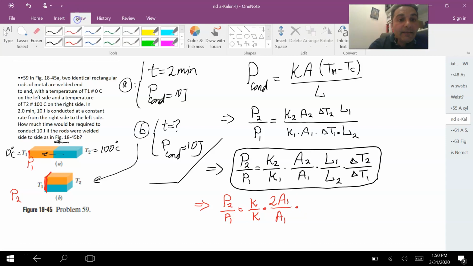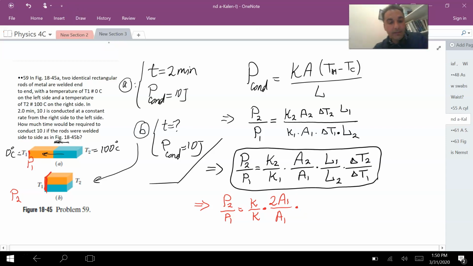Let's go on to length. So I go with green color. Watch it. This is L2. This one is L1. You tell me, what do you see? L1 is 2 times L2 or L2 is 2 times L1?